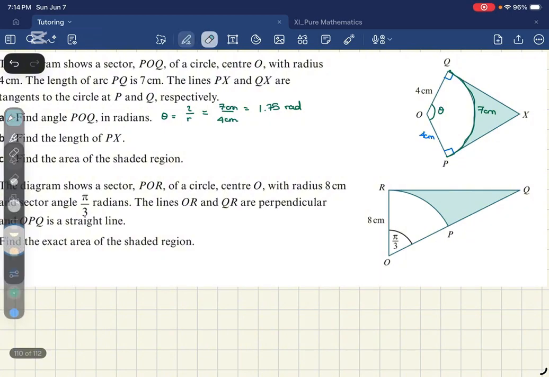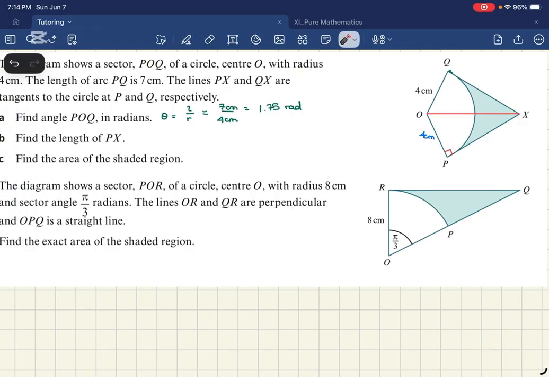Now let me erase this. So now I will draw a straight line connecting O and X. And remember, this is a right angle triangle, right? Because this figure is symmetrical. If you fold by this line, this part is going to connect here. It's a symmetrical figure.